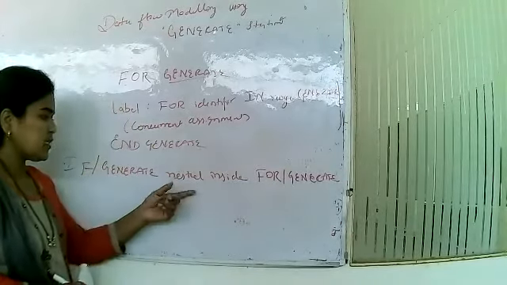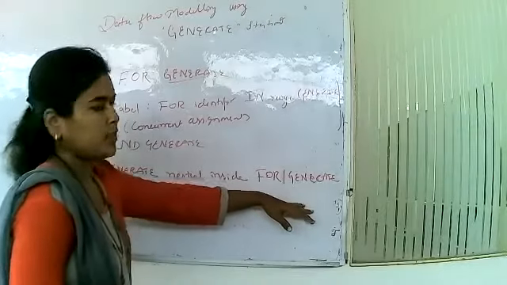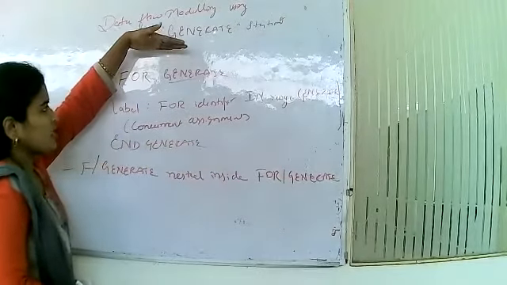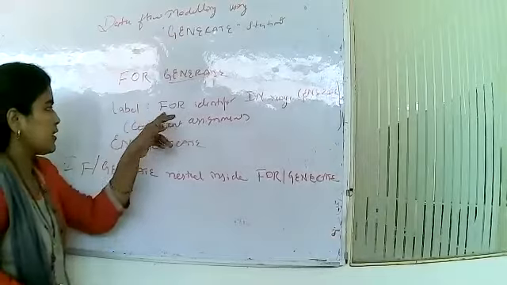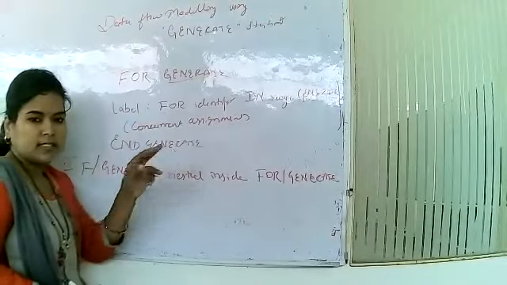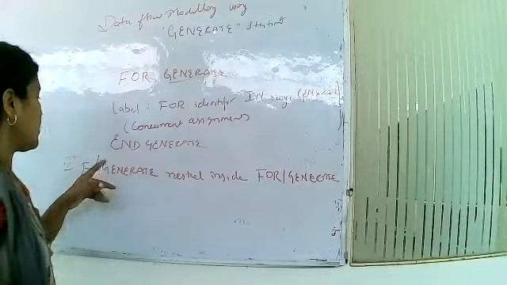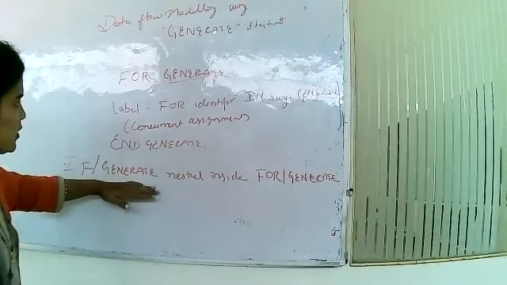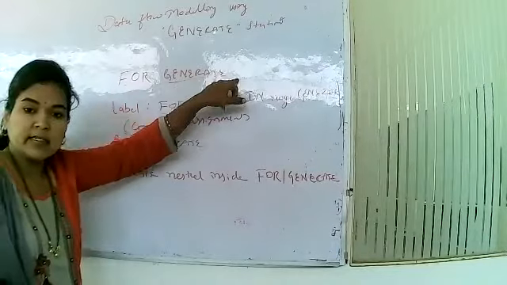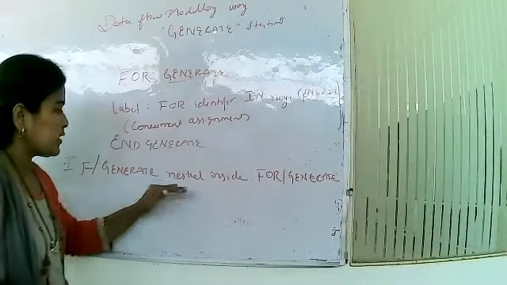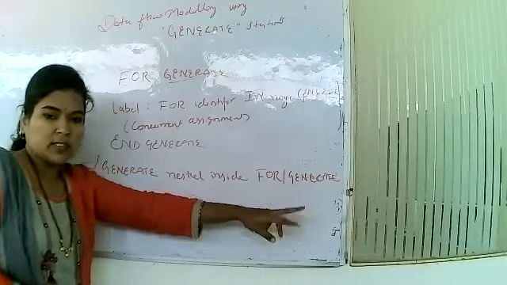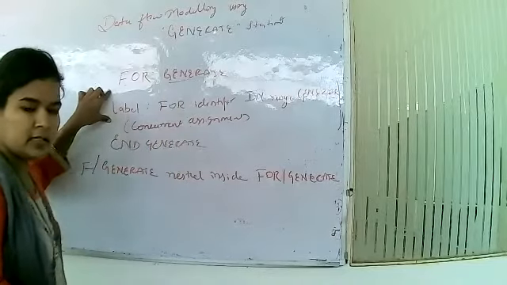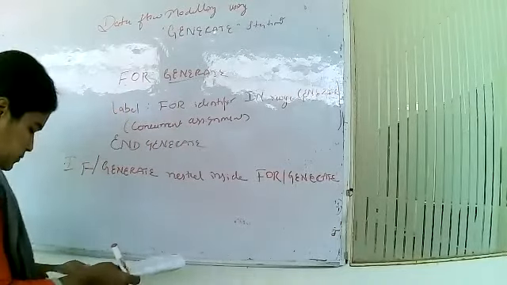So if generate is nested inside the for generate. For for generate you have a single label, so the end generate finishes the syntax. But for if generate nested inside the for generate, in the syntax we have two labels.